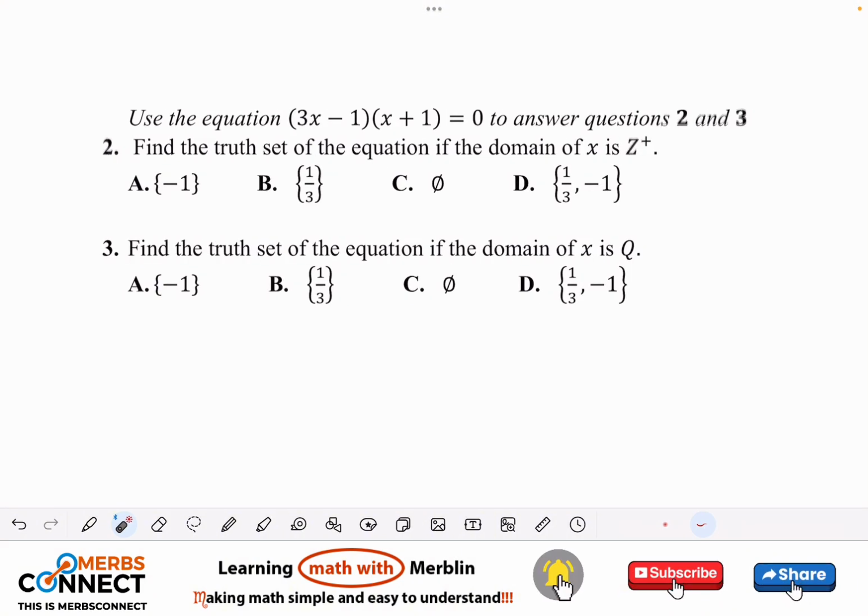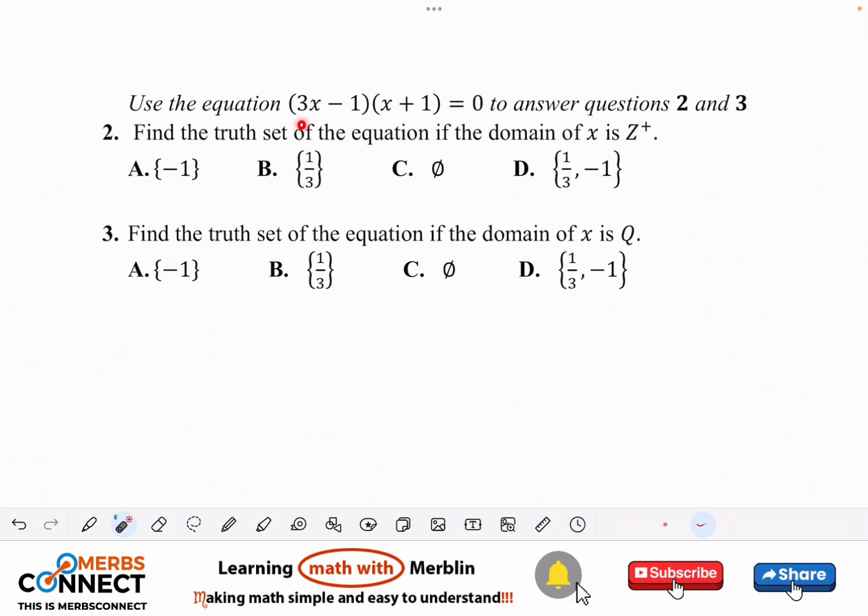Let's move to 2. Now in 2, they've given us this set here, and we want to find the true set of the equation if the domain of x is Z plus. So when you see Z plus, what we are talking about is positive integers, right? So we know integers, right?